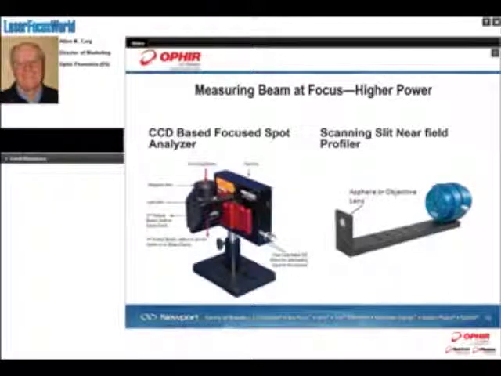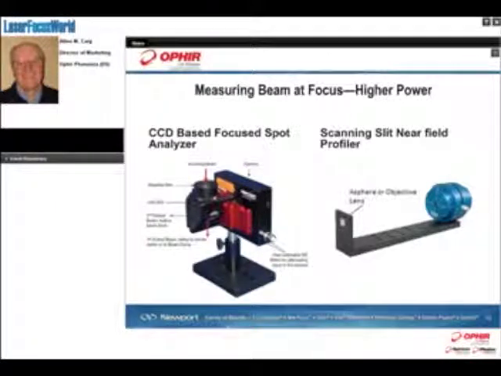So again, in this case, we have a lens here. Then we have the attenuation. In this case, we start with some wedges and then go through to gray glass filters and get the power down to the level where the camera can measure it. So measuring focus spots with cameras tends to require some kind of lens and system, whereas in most cases, a scanning slit profiler can measure the focus directly.